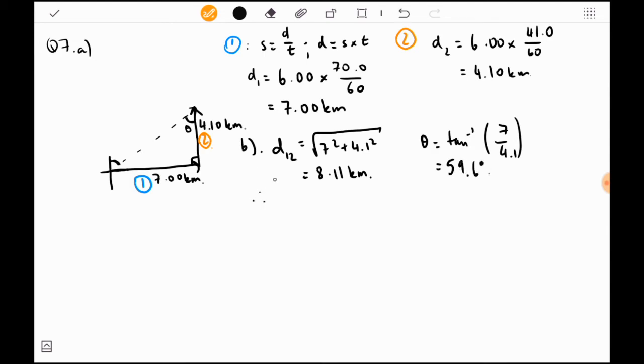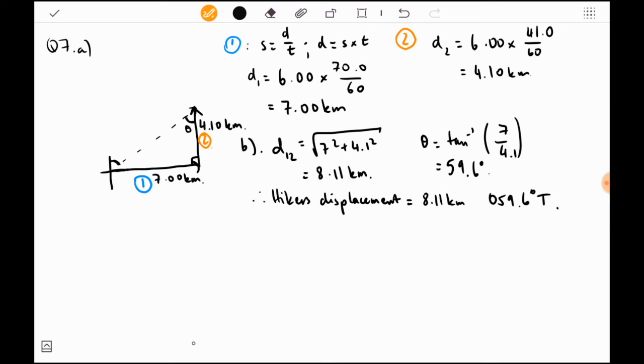So therefore, the hiker's displacement is 8.11 kilometers at a bearing of 059.6 degrees true. Cool.